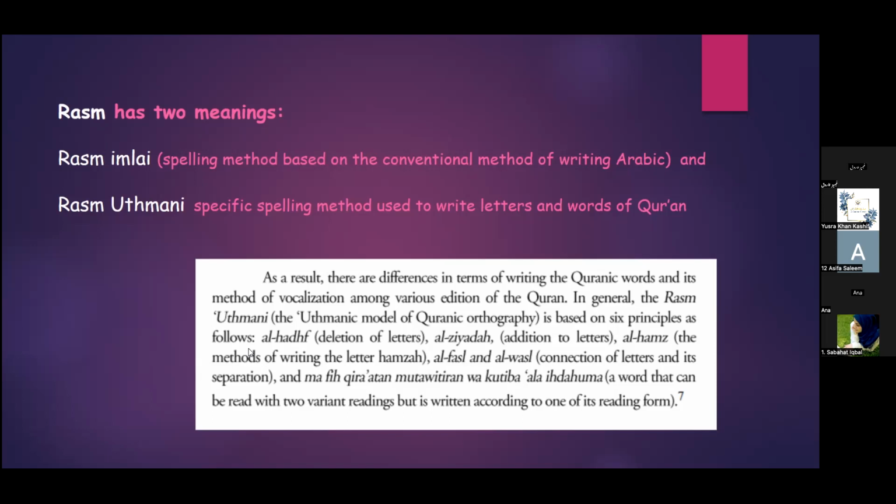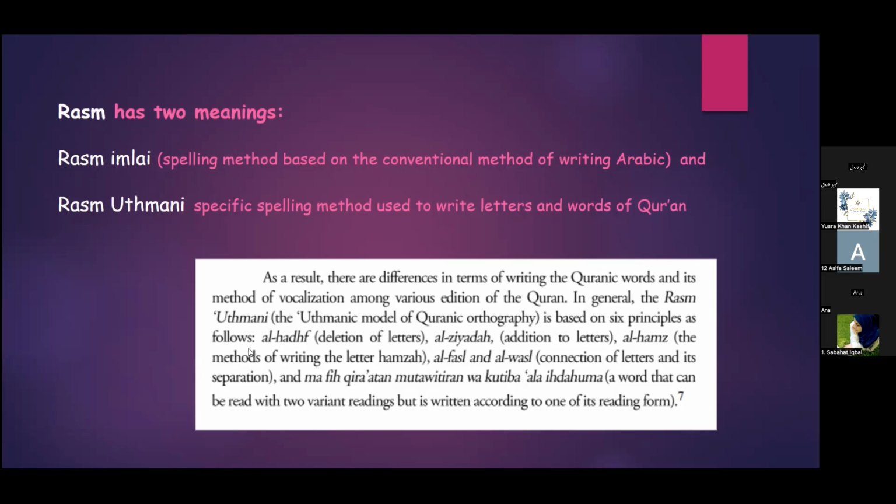And there would be some additional letters, which you don't see in Rasm Imla'i. We have Al-Hamz or Hamza, the method of writing the letter Hamza differently, like on top of Alif, under Alif, the Hamza sitting on top of Waw, on Ya as well. That's the way of writing Hamza which is specific to Rasm Uthmani.